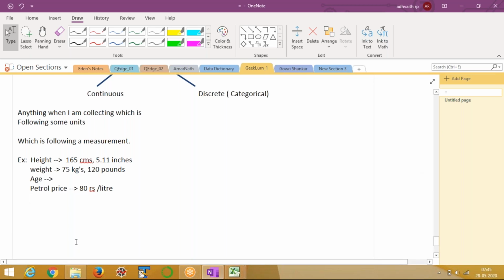How much distance do you travel daily to your office? Don't say, sir, I am working from home now, so 0 kilometers. How many kilometers do you travel daily? 3 kilometers, 5 kilometers.